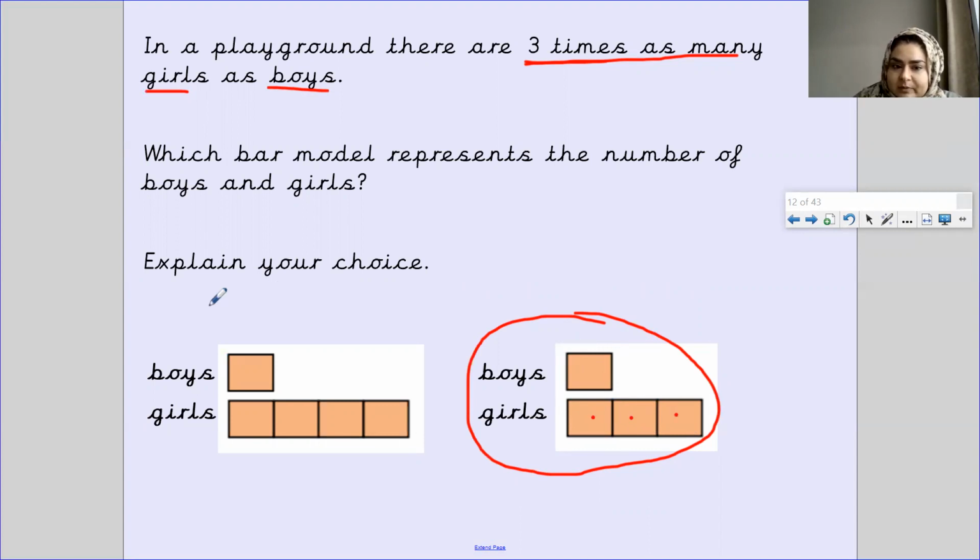This can't be right because for the girls, the bar is showing 4 squares: 1, 2, 3, 4. That would mean 4 times as many, so that's not correct. You have the 1 square to represent the boys, and then 3 times as many, which means the squares for the girls should be showing 3. And this is what it is.